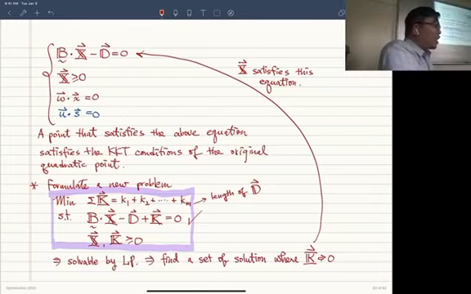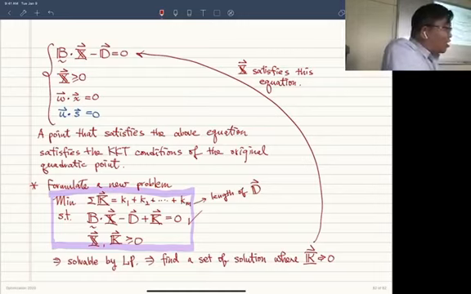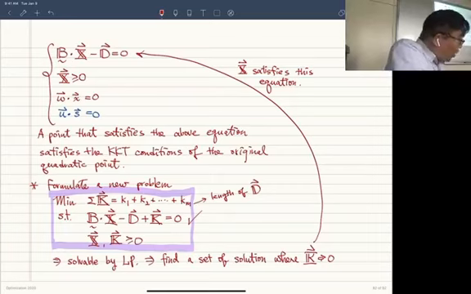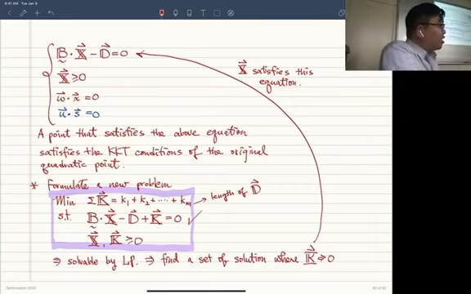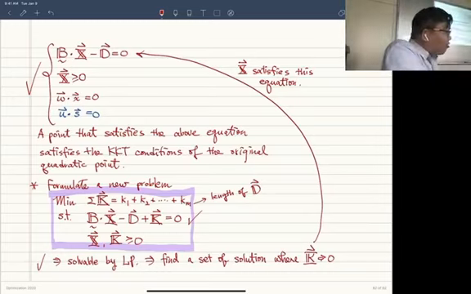Okay, so it's not a direct way to find the solution that satisfies those constraints, but it's a very intelligent way for you to find a point that satisfies the first equation in these rules, and the procedure could be using LP, because the new formulation that you created is a solvable problem by LP.